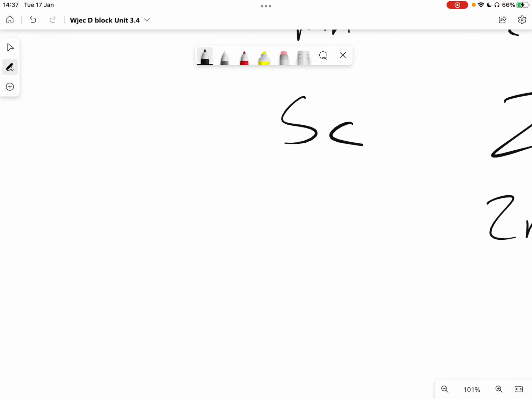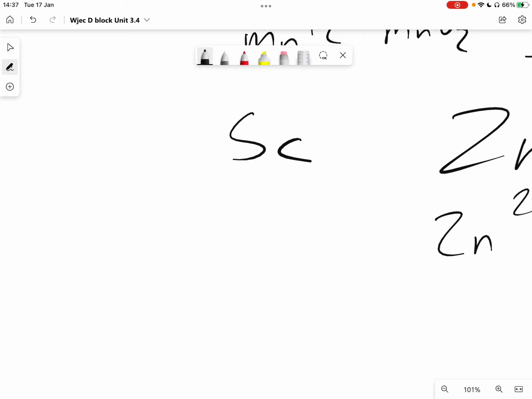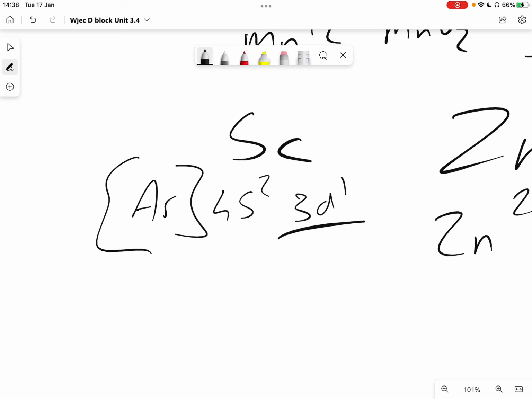Now with scandium, we have the same sort of thing happening. We have our argon core, and then we have 4s2, 3d1. So we have a partially filled d subshell in its elemental state. But in terms of an ionic state, the only stable ion scandium will form is scandium 3 plus.